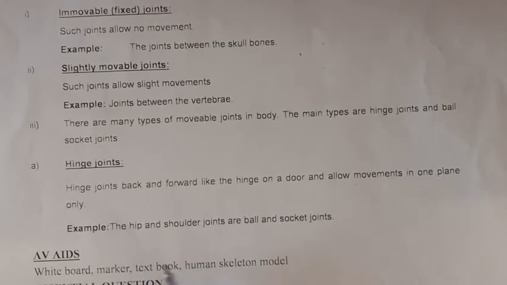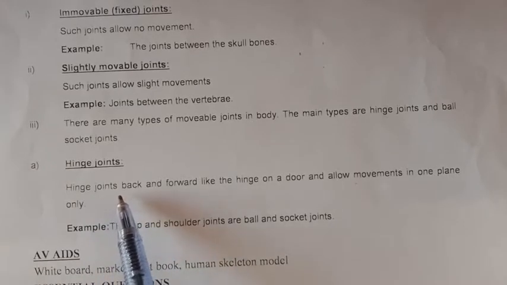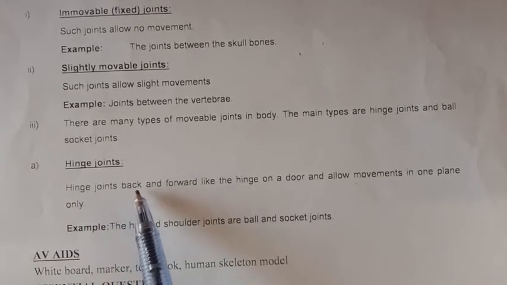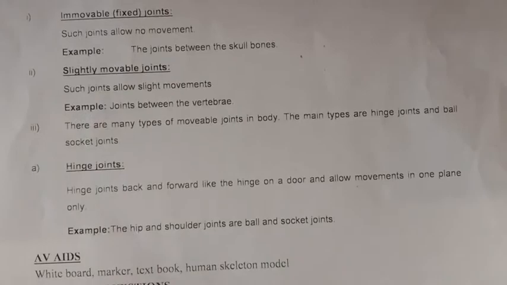For example, the joint between the humerus bone, radius, and ulna bones is a hinge joint.